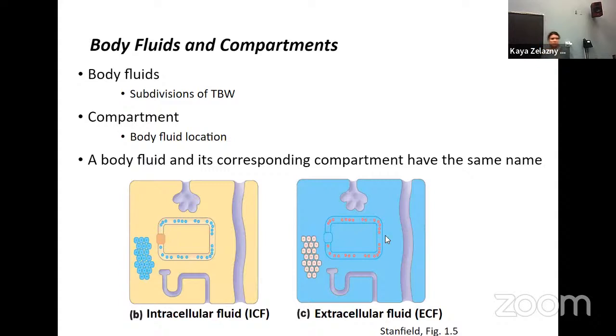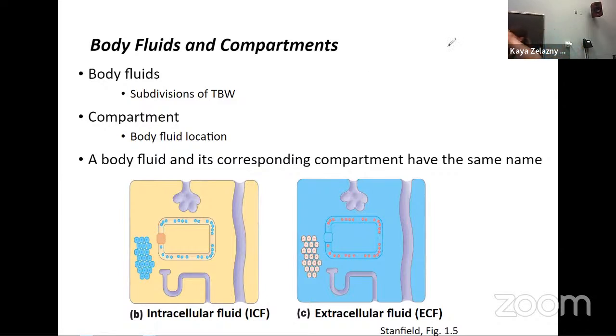So as we start to get more specific, now we don't want to know just about all the water in the body. We want to start to talk about specific locations. We're going to think about compartments. We're going to think about those specific fluid locations. So the first division that we want to pay attention to is whether the water we're looking at is inside a cell versus outside a cell.